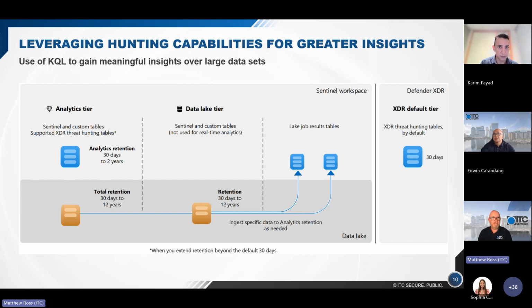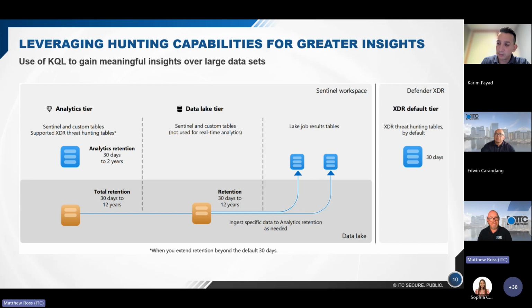You've got your analytics tier, which is your hot storage, coupled to compute and used to run analytics, which can be used to trigger alerts and incidents. And then you have your Sentinel Data Lake tier, which is effectively cold storage, on which there is no analytics applied, but the data can be used for threat hunting and investigations.